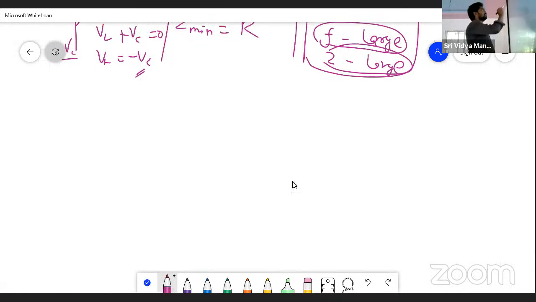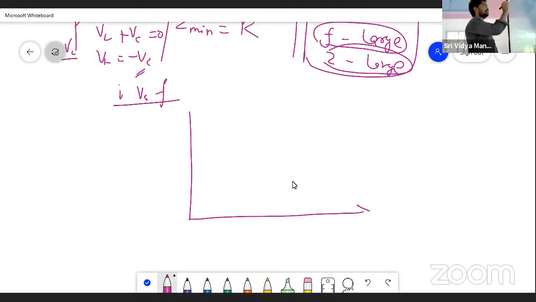And the next graph is in our textbook. See, the next graph, current versus frequency. If the frequency is small, Z is large.